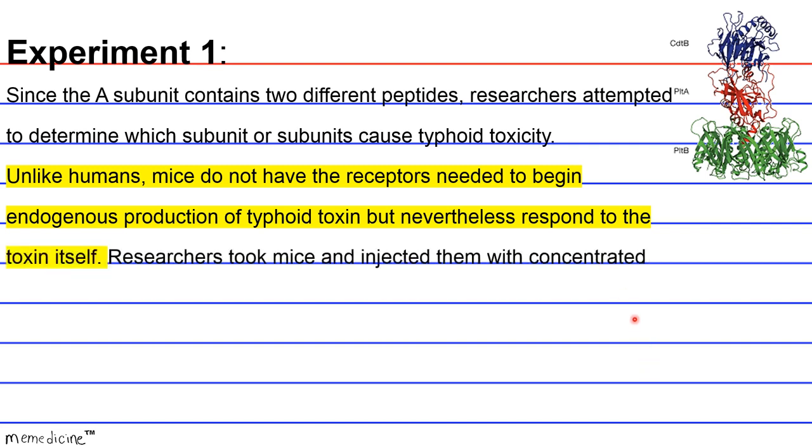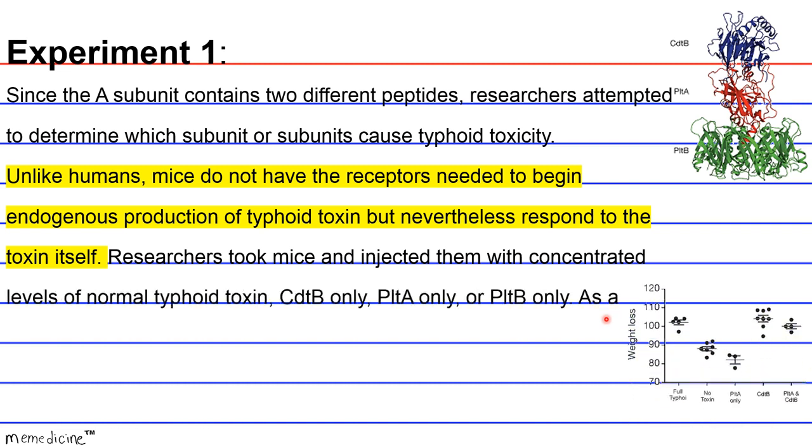Researchers took mice and injected them with concentrated levels of normal typhoid toxin, PltA only, CdtB only, or PltB only, okay?